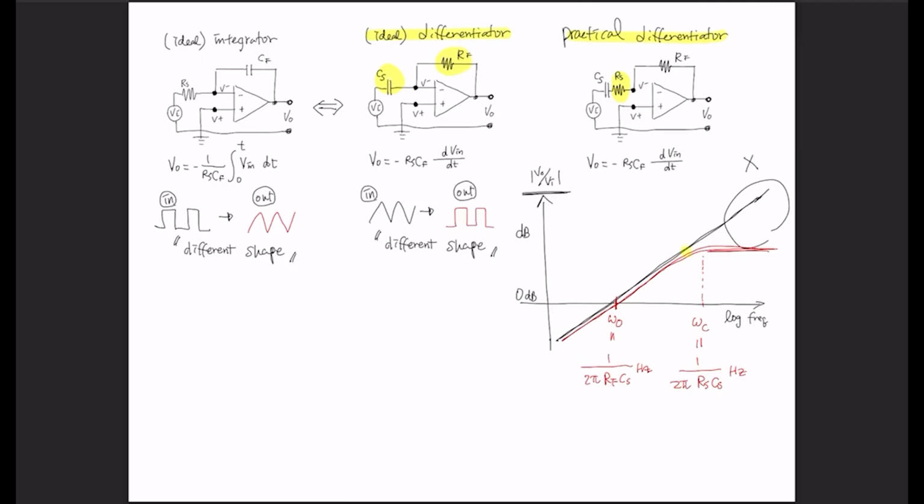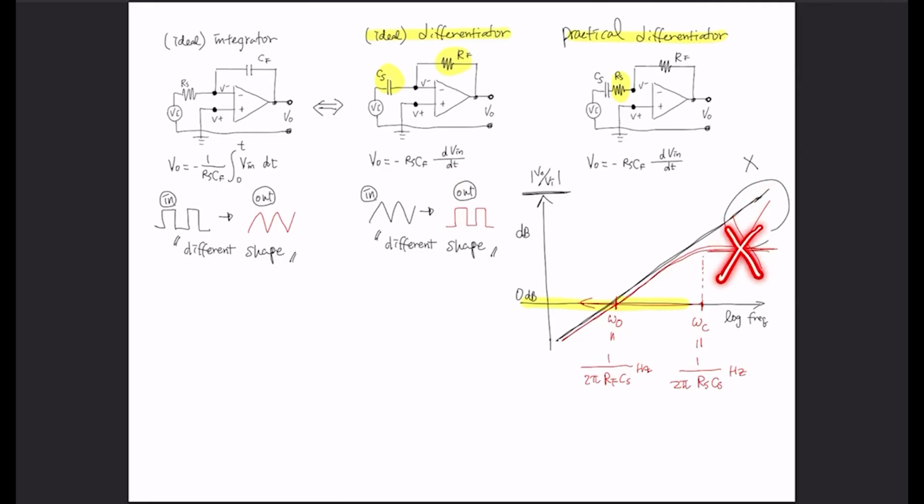So which area do you want to use for the differentiation? We would like to use the frequency range starting from here down there. We don't want to use the frequency range here. Again, the response of your practical differentiator is different from the ideal one. The ideal one always gives you a differentiated signal as output, but the practical one is different from your ideal.